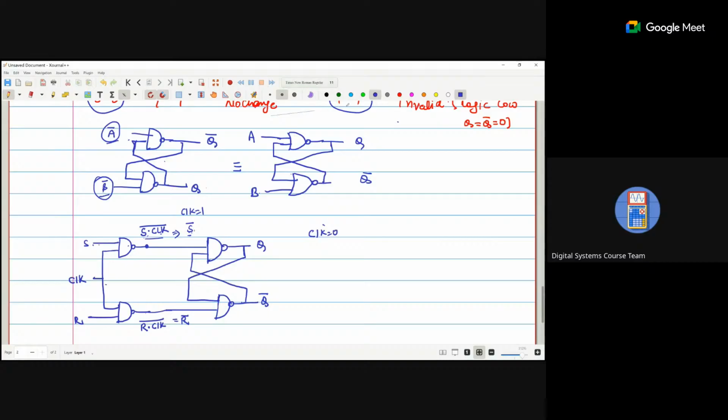Clock is 0. I apply S and R any value, that will be no change. Why no change? If clock is not applied, that means no input changes will appear. So output will remain as it is.